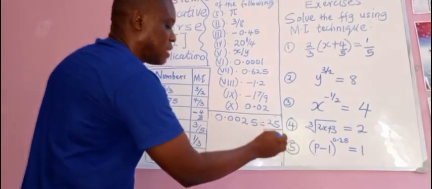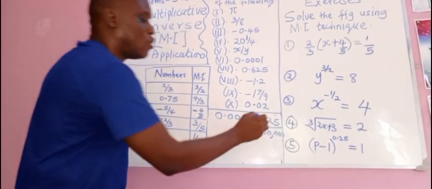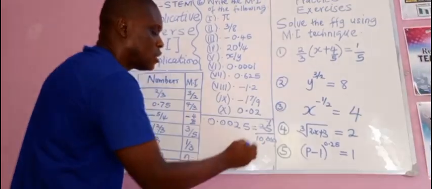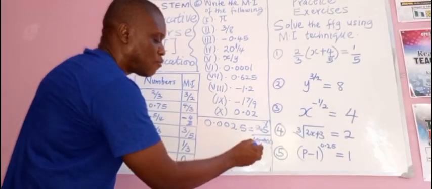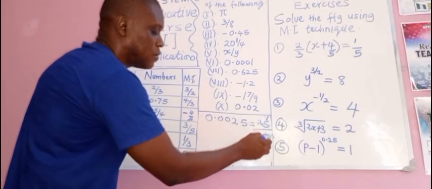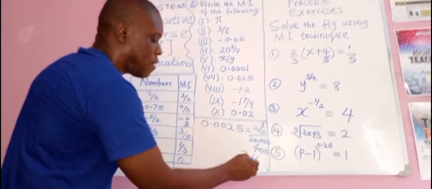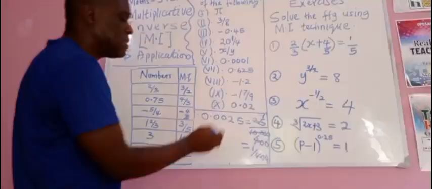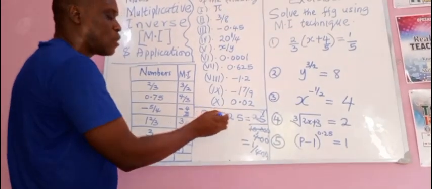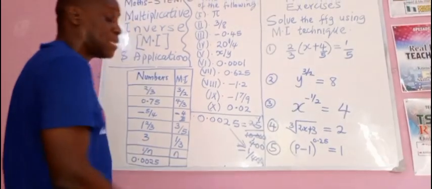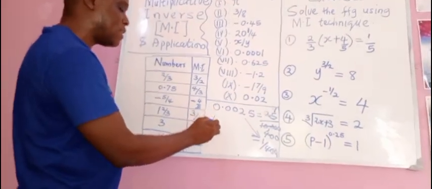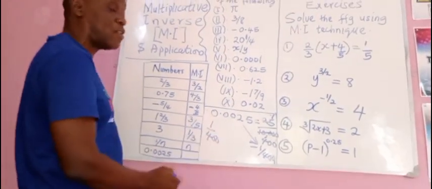Now, 25 in 100, 4. So we have 1 over what? So it means that this 0.0025 is the same as 1 over 400. Do you understand that?